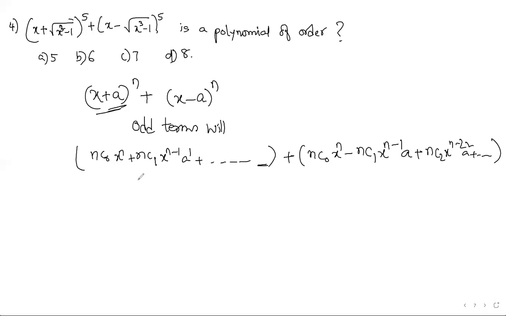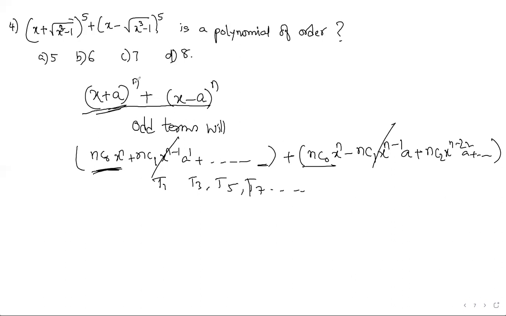So when you're adding this, these two terms will not get cancelled. This term and this term will get cancelled. So T1, T3, T5, T7 and so on will get cancelled when you are adding (x plus a) whole power n and (x minus a) whole power n.